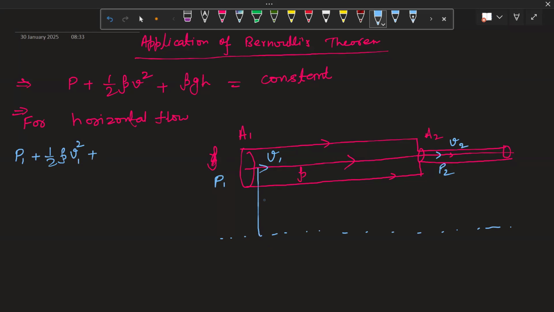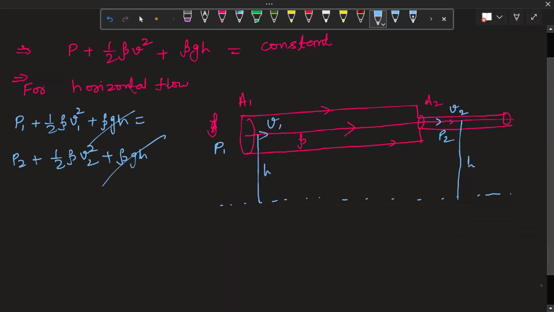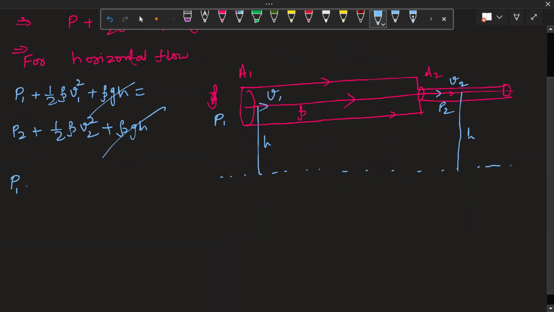Height here is h and height here is also h, so there is no change in height. Here the pressure is different, P2 plus half rho V2 square plus rho gh, and rho gh gets cancelled because height is the same at both points. So we get P1 minus P2 is equal to half rho, V2 square minus V1 square.